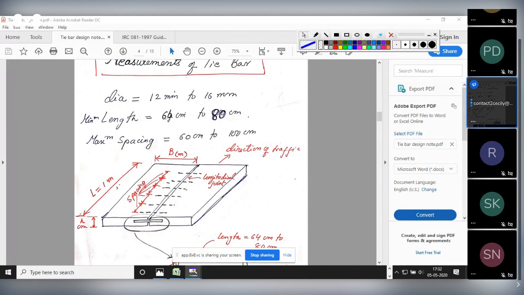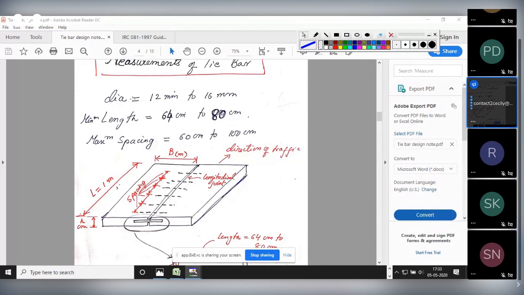After calculation, we will do checking whether our condition is satisfied or not. Like that here also, first we have to assume some data. We have to assume that the diameter will be within this range, 12 mm to 16 mm. You have to take any value of diameter of the steel bar within this range.